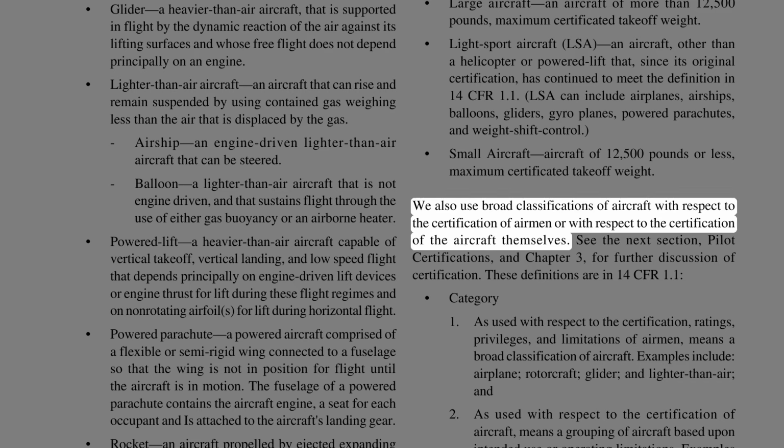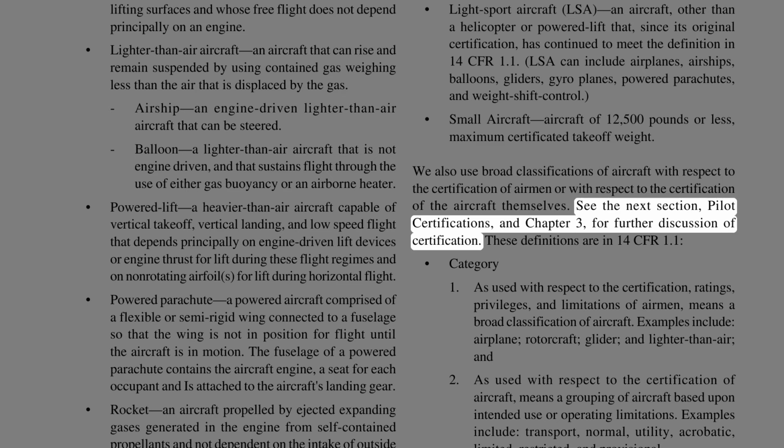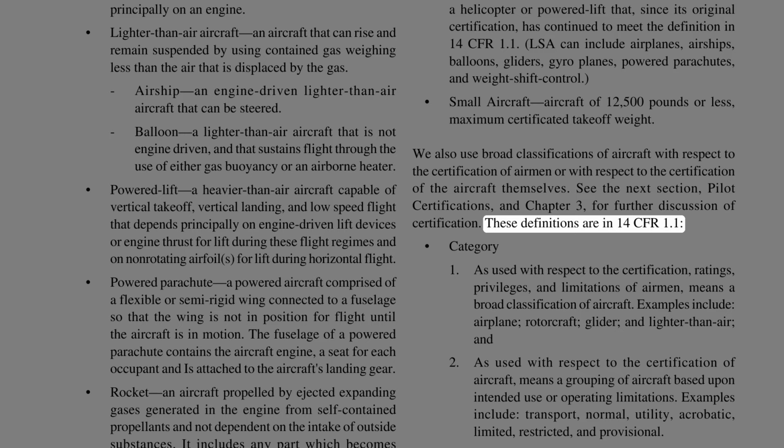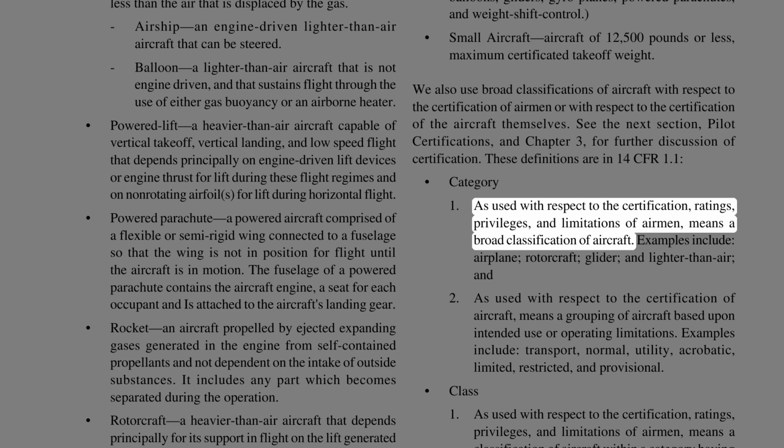We also use broad classifications of aircraft with respect to the certification of airmen or with respect to the certification of the aircraft themselves. See the next section, Pilot Certifications, and Chapter 3, for further discussion of certification. These definitions are in 14 CFR 1.1. Category: 1, as used with respect to the certification, ratings, privileges, and limitations of airmen, means a broad classification of aircraft.